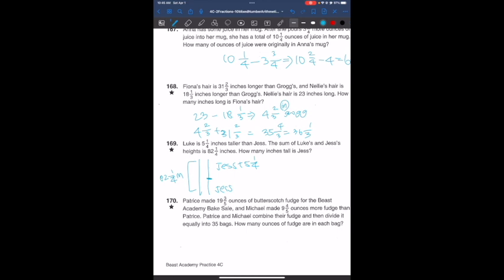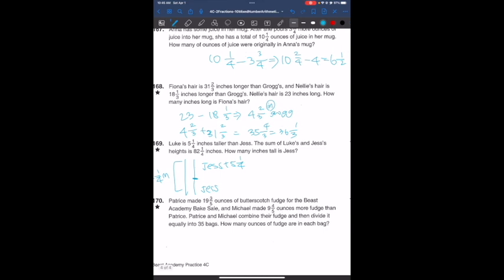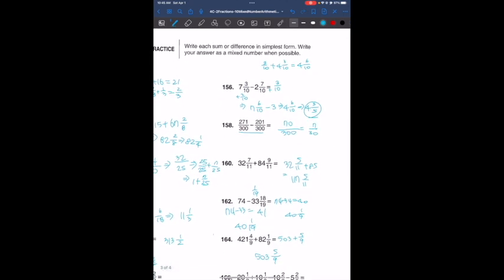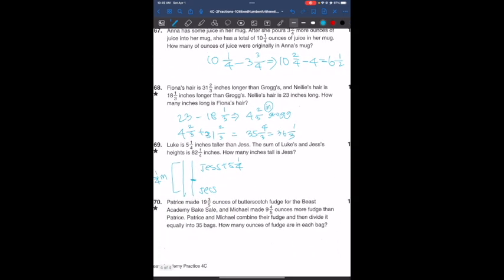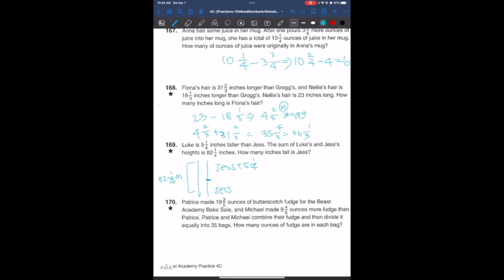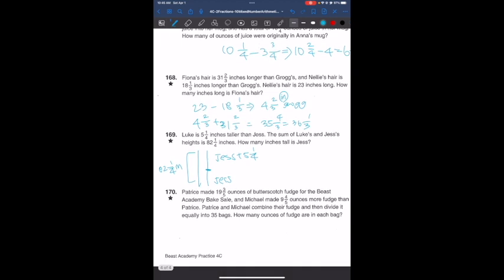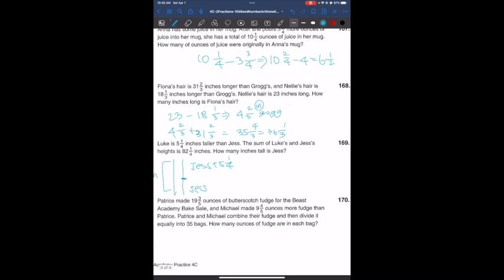So now twice Jess's height is going to be, so Luke is 5 1/4 inches taller than Jess. And so we say that the sum of their heights is going to be Jess plus 5 1/4, which is equal to 81 1/4.